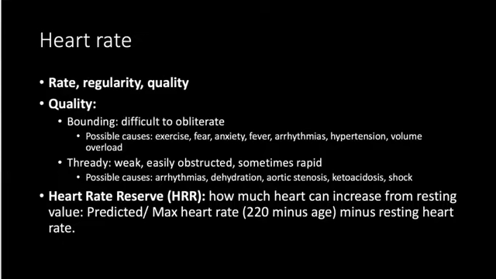Heart rate reserve is the amount the heart can safely increase from resting value. So you want to look at their predicted max heart rate, which is 220 minus their age. Then you subtract the resting heart rate from that, and that gives you the heart rate reserve.